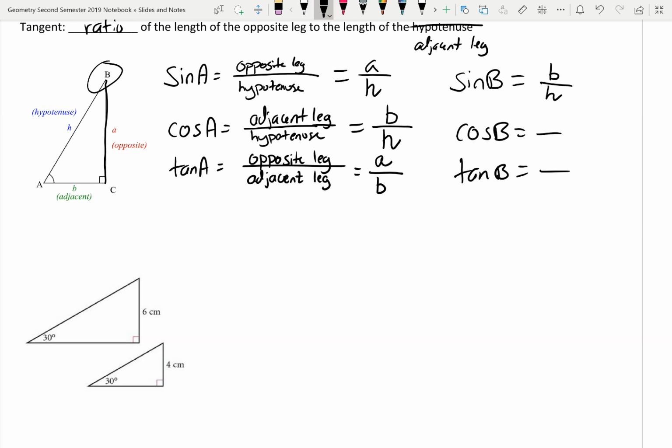Now the hypotenuse touches it too, but the hypotenuse is not a leg. So the adjacent leg is A, hypotenuse is H.